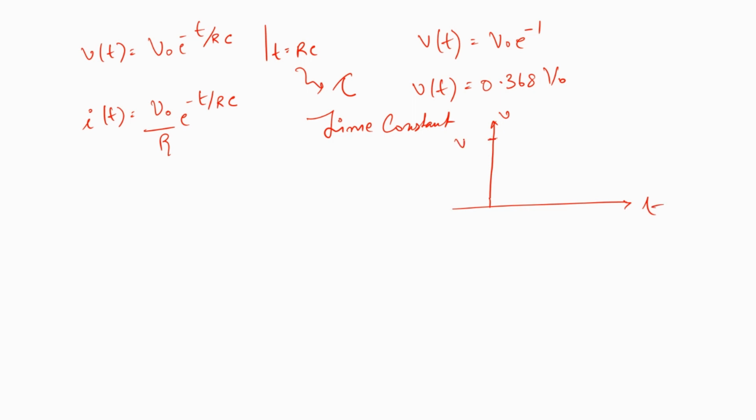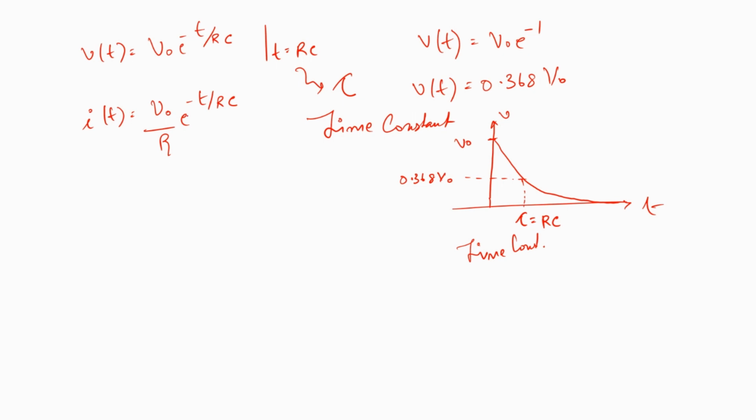It starts from V naught and begins to discharge, and after some period of time it becomes 0. But the time taken for this voltage to reach 0.368 times V naught, that particular time is called tau, or the time constant, and it is represented by RC.